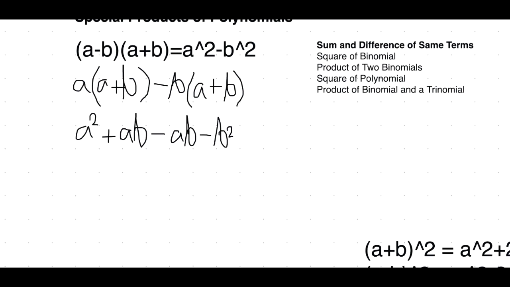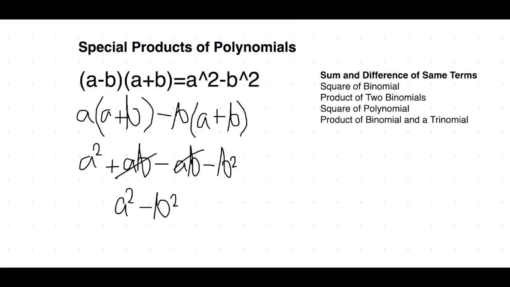However, plus ab and minus ab are equal to each other, and they cancel each other out because this is a plus, this is a minus. So when you cancel those out, you are left with a squared minus b squared, which is the same as what is given in the special product here.